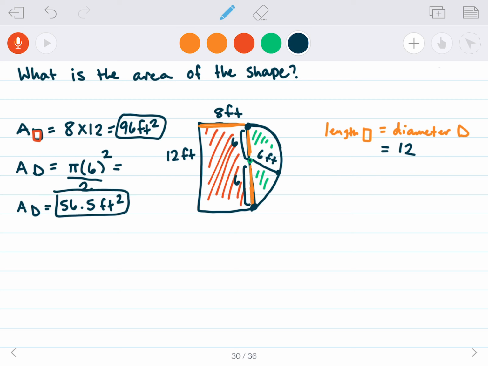So the total area is just these two areas added up, the area of the rectangle and the area of the semicircle. So we have 96 plus 56.5. It's going to give us roughly 152.5 feet squared.